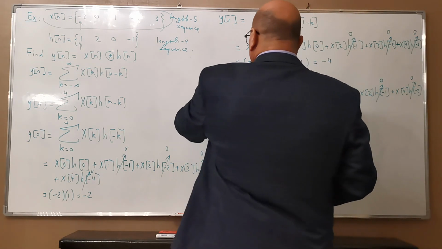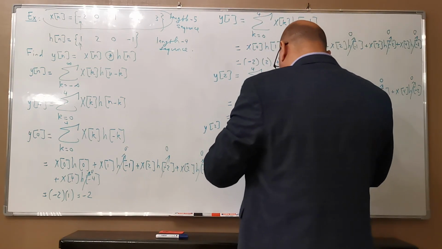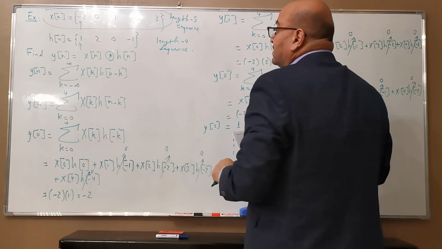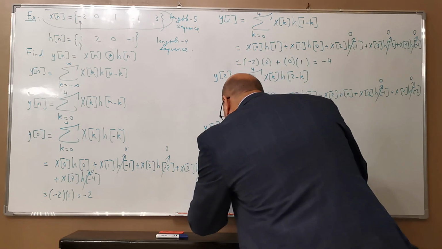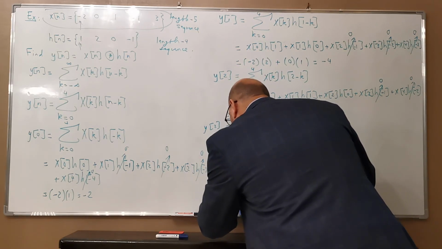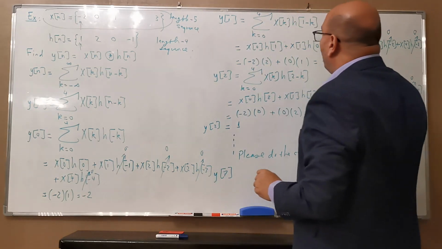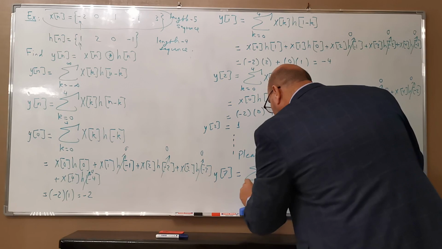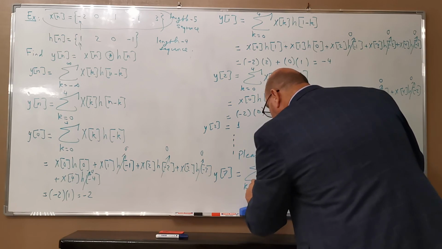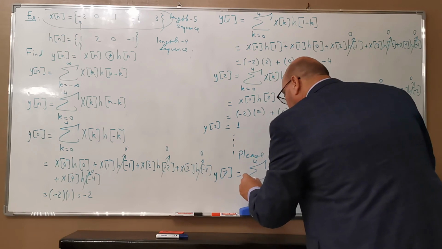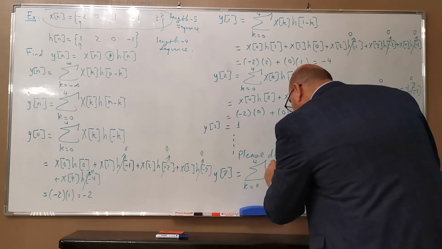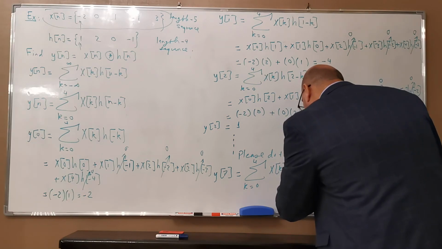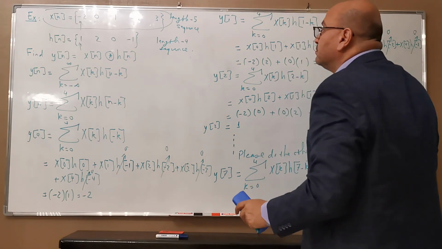The last value will be for n equals 7. Y of 7, when you have y of 7, then this is equal to summation from k equals 0 up to 4, and this is x of k h of 7 minus k. Okay?